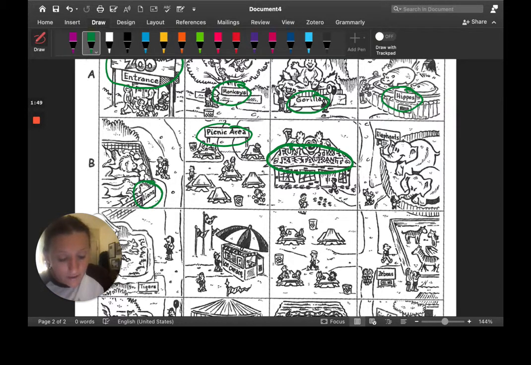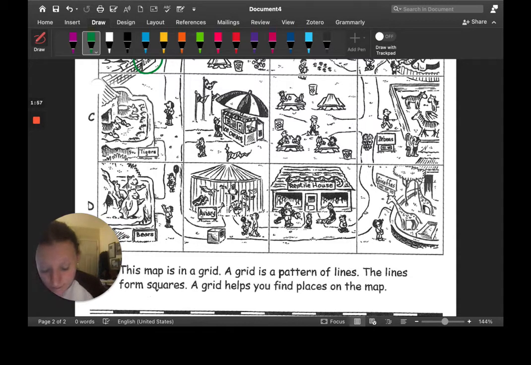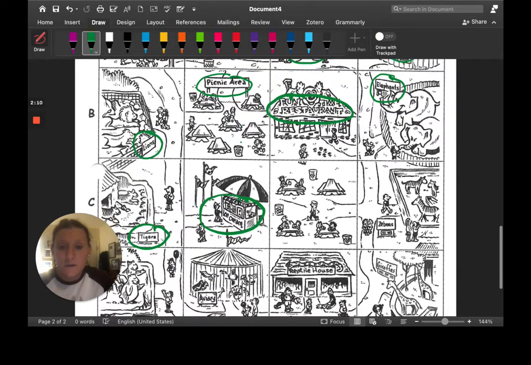Next, we have the elephant exhibit. And then if we go down a little bit more, we see the tiger exhibit. And then we have the ice cream stand. Again, would make sense because it's right next to the picnic area and the restaurant.